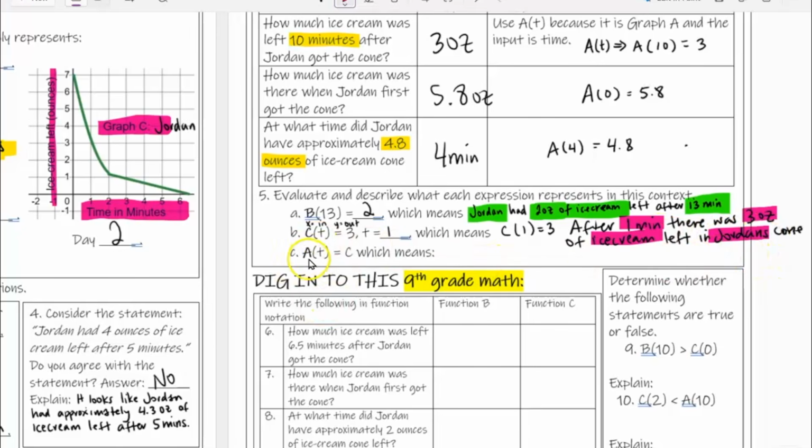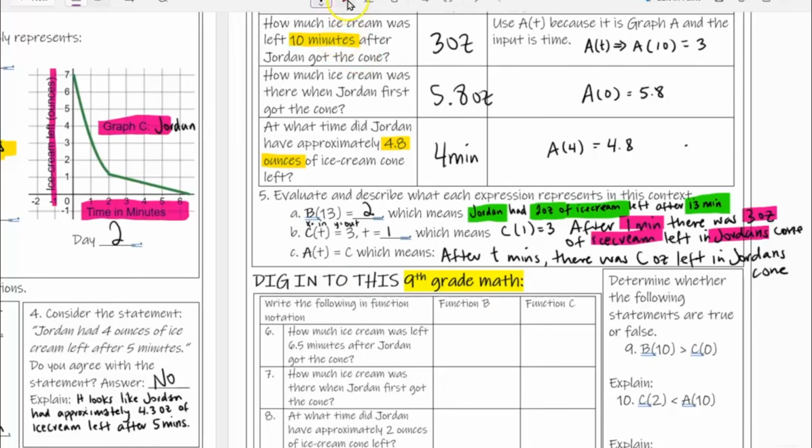So in general, this is back to graph A. A of t equals c means that after t minutes, there were c ounces left in Jordan's bowl.